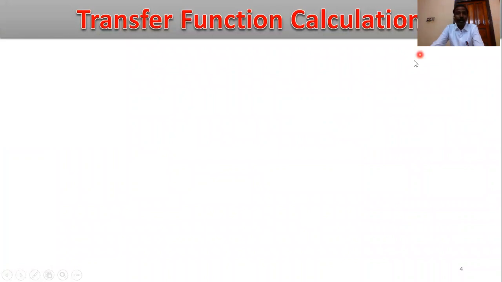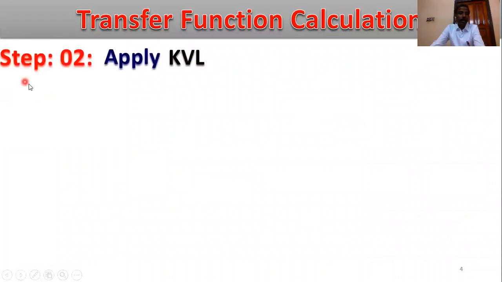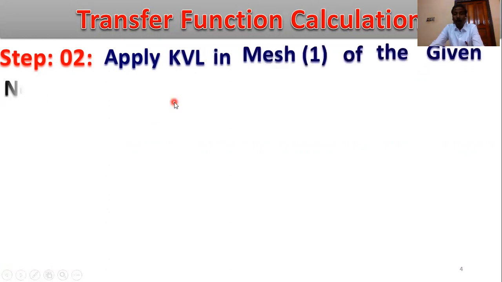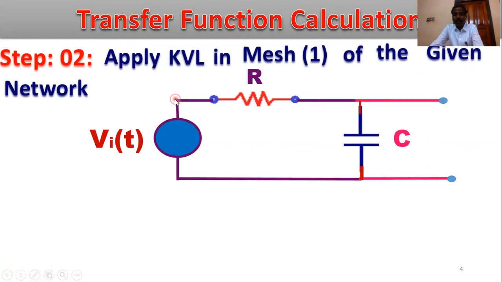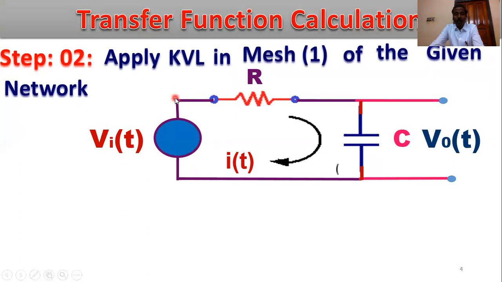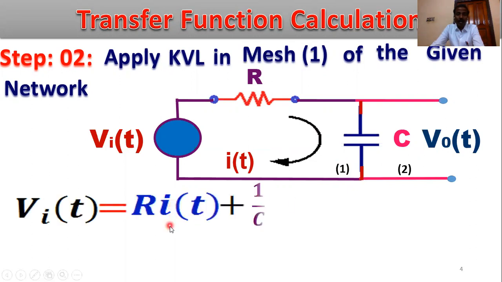Now the transfer function calculation. Step number 2, apply KVL in mesh 1 of the given network. Applying KVL in mesh 1, we get Vi of t equals R times i of t plus 1 by C times the integral of i of t dt.